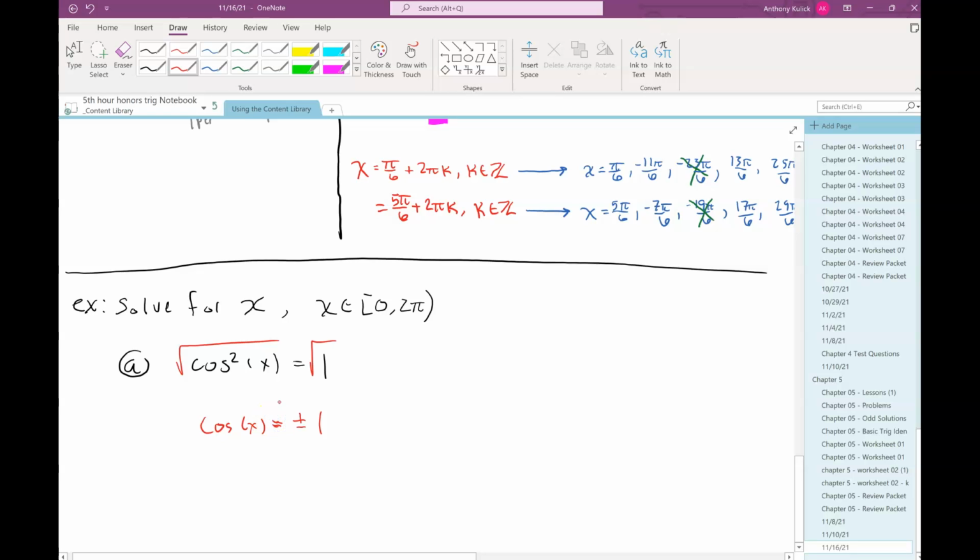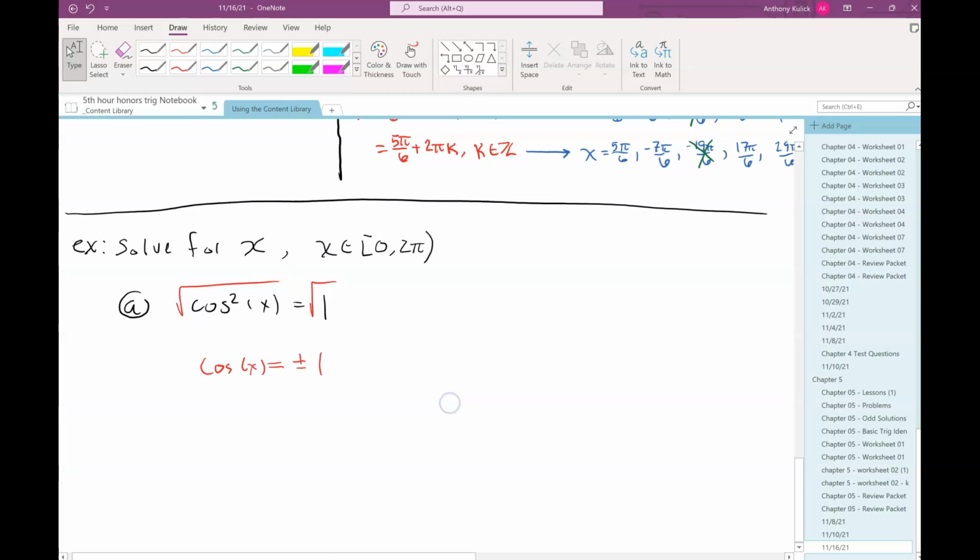As a little aside, I will say that in my experience, the problem that students have with solving these things is not the trigonometry part, it's the algebra parts. So it's like forgetting some of these plus or minuses or doing some other algebra things incorrectly. So I'm going to separate that into two equations then.